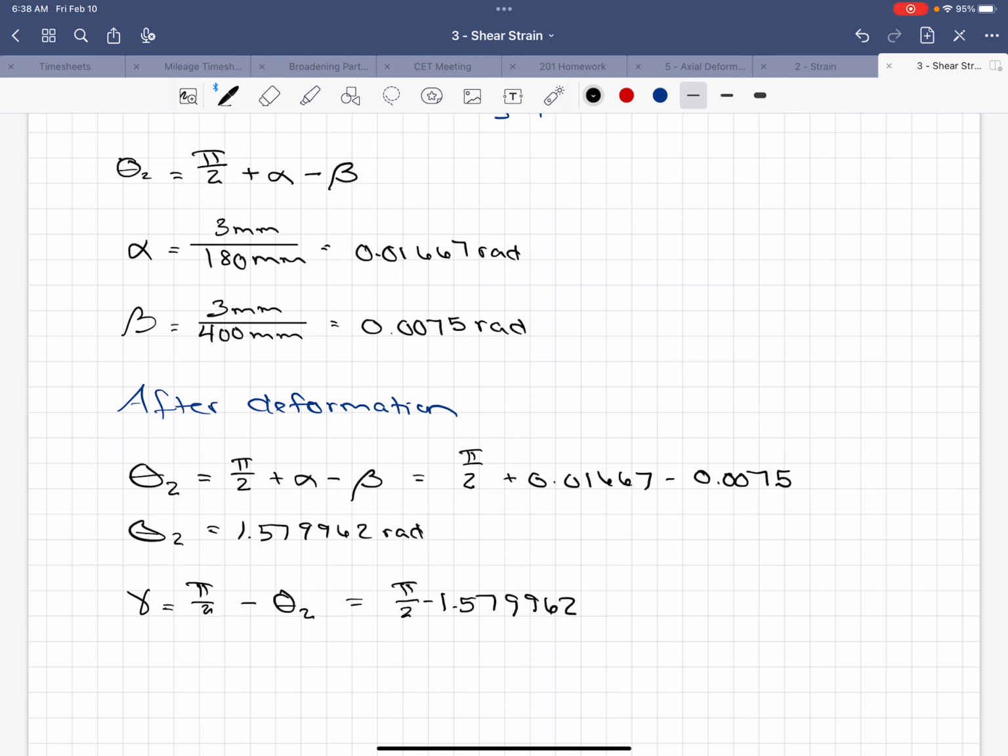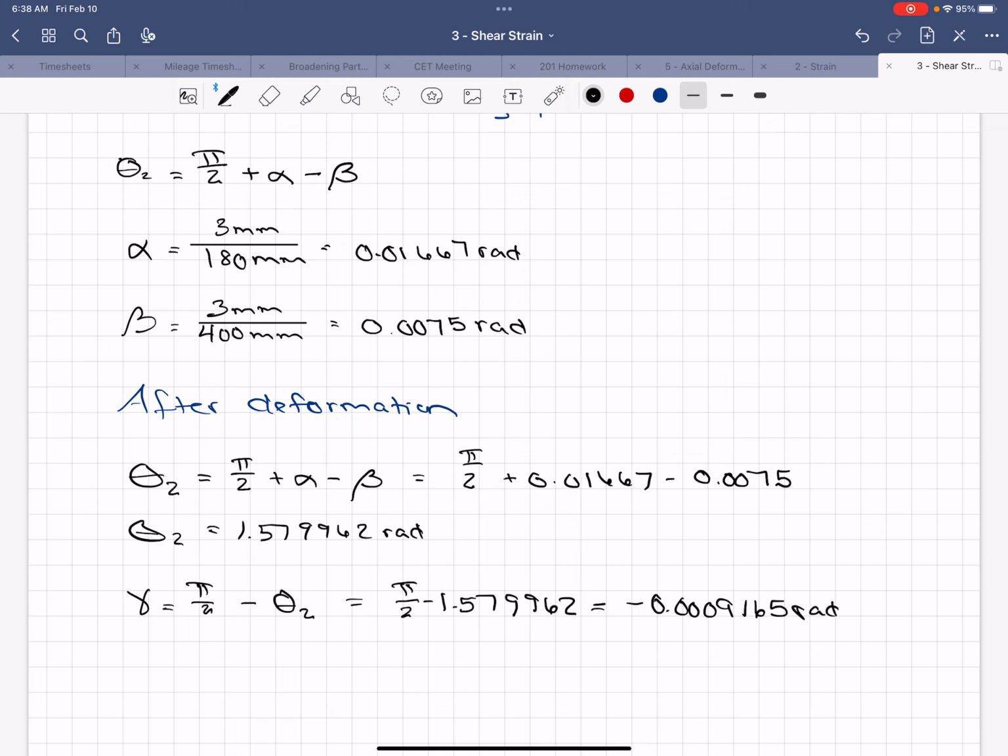And we get that that is equal to a negative 0.000965 radians.